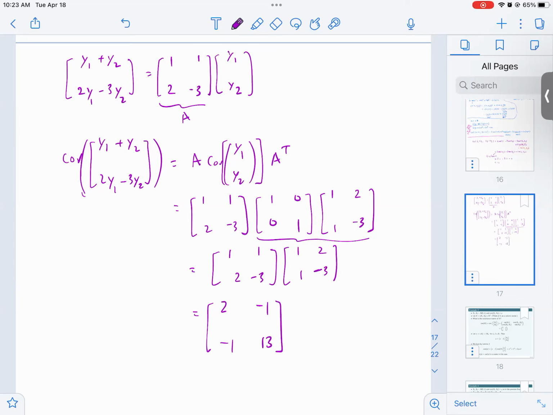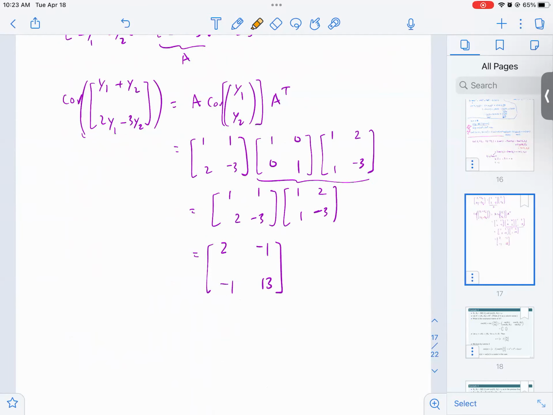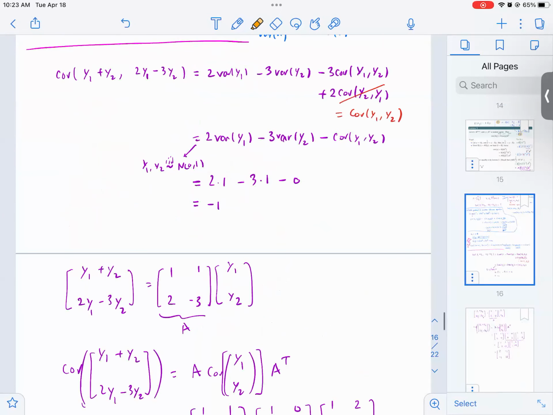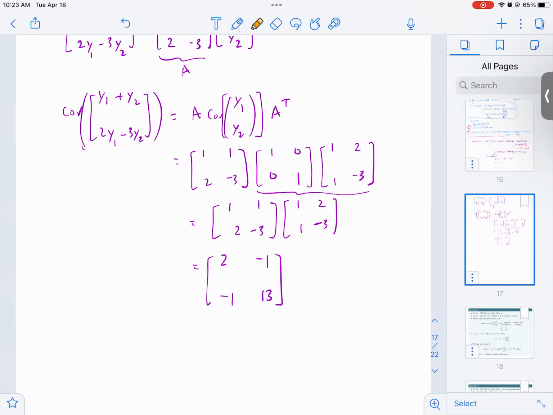Okay, so the last one is pretty large. This is going to be the variance of this guy, and the covariance is going to be negative 1. So the covariance matches what we did before. So you decide which one is easier. This gives you more information. If you just want the covariance of these two, the direct way might be faster, depending on the situation.